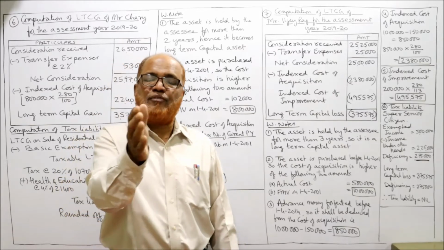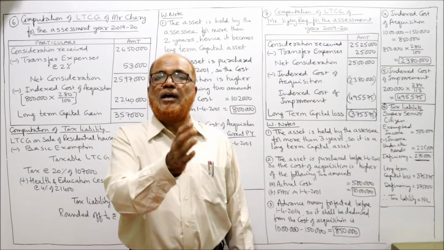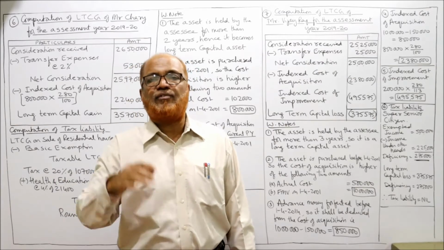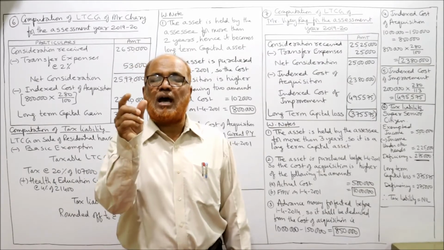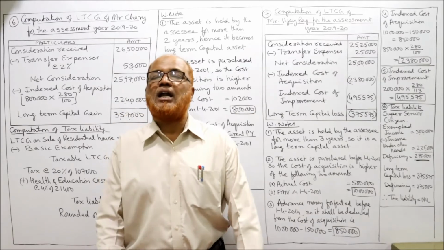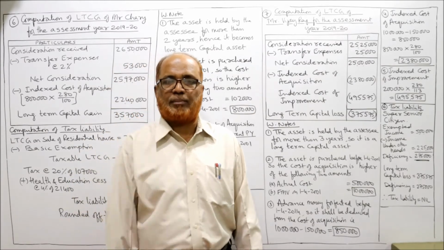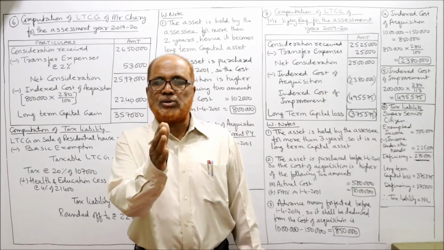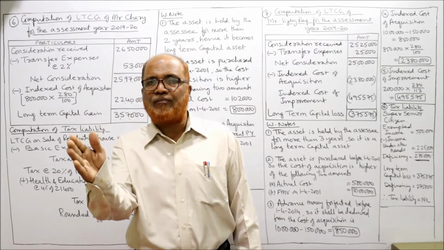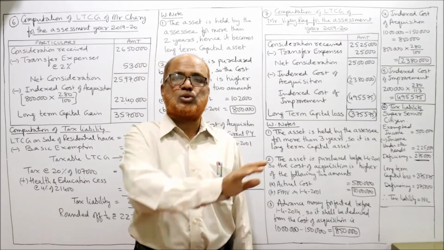If it is forfeited after 1/4/2014, this amount forfeited will be taken under income from other sources. This provision you remember. 1/4/2014 के बाद amount forfeit हुआ तो उसको income from other sources.